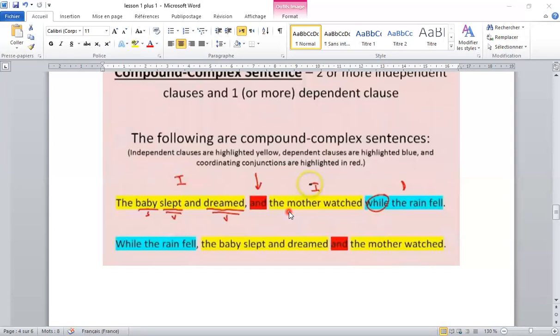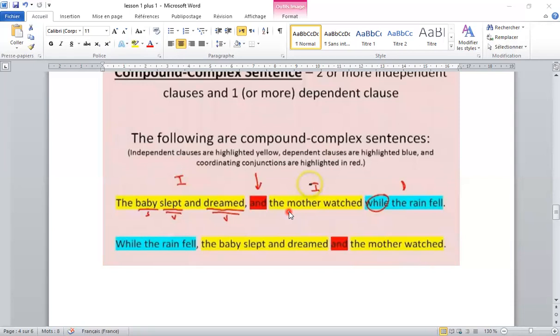But we have "while the rain fell." "The rain fell" doesn't give a sense on its own. It means there is no meaning if you tell someone "the rain fell." Okay, what would you like to say? The rain fell. Okay, it's not my business. So what? The rain fell. It means this blue sentence depends on the previous two independent clauses, the previous two main clauses.